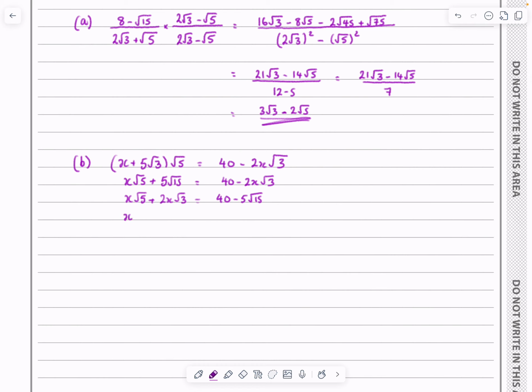Factorise and take x out as a factor, which would leave me root 5 plus 2 root 3 here. That's going to be equal to 40 minus 5 root 15. And so x is going to be equal to 40 minus 5 root 15, all divided by root 5 plus 2 root 3.